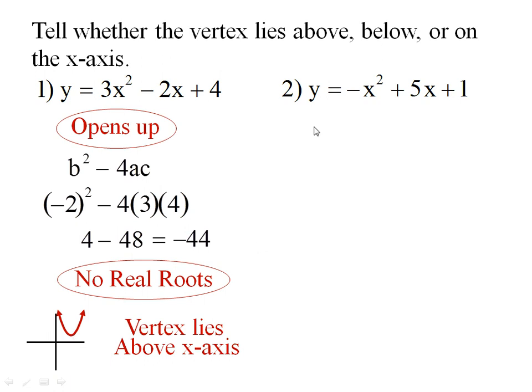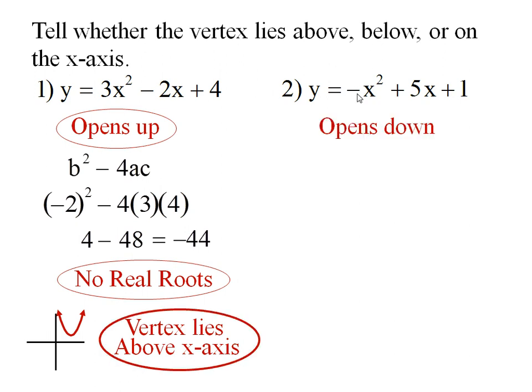Now for example number 2. We know right away, because it has a negative a value, that it's going to open downward. So it's going to be frowning at us. In addition to that, we can find out how many solutions it's going to have in order to see if it lies above, below, or on the x-axis.